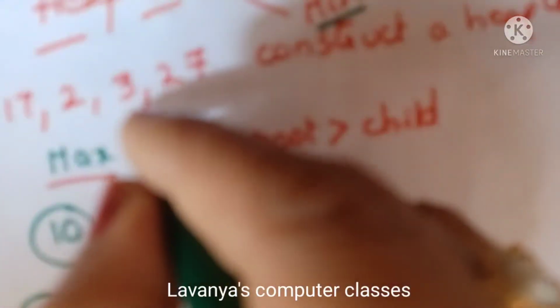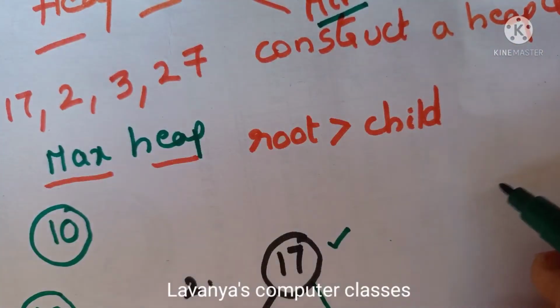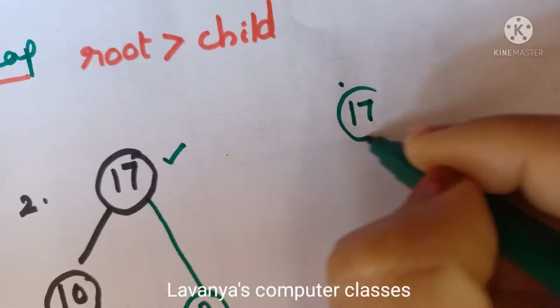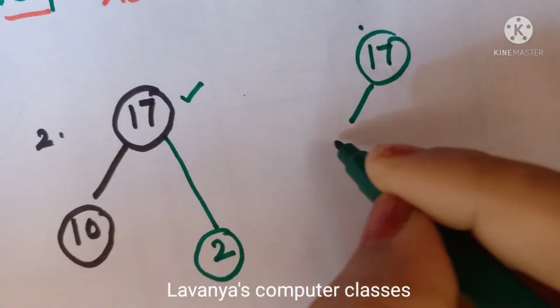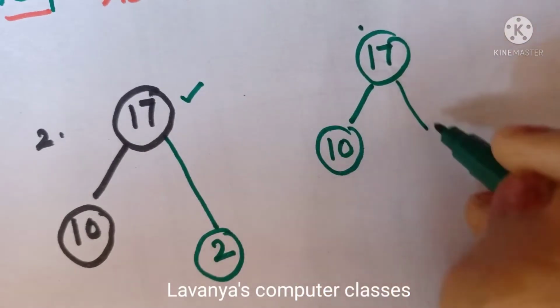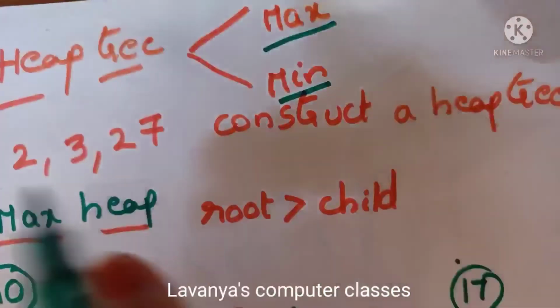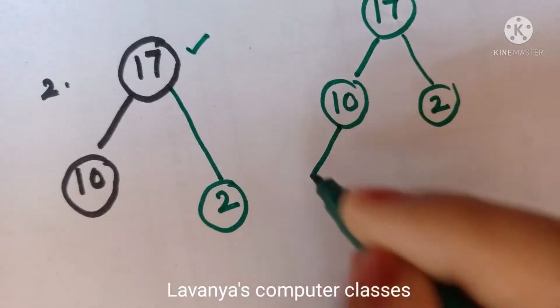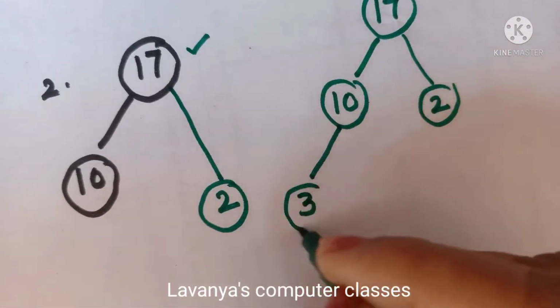Then the next element is 3. Already here 17 is the root, the left child is 10, and the right child is 2. The new element 3 is kept as the left child of 10.